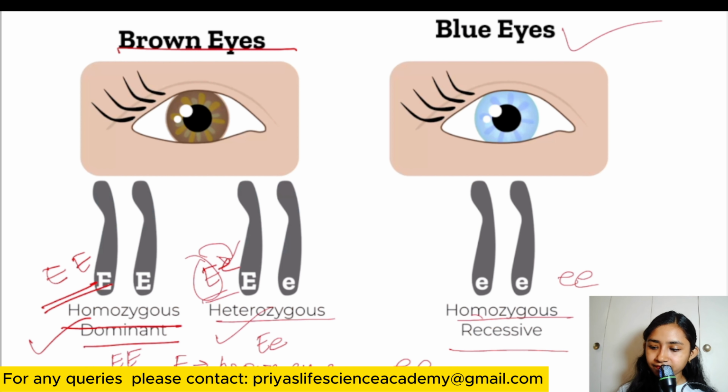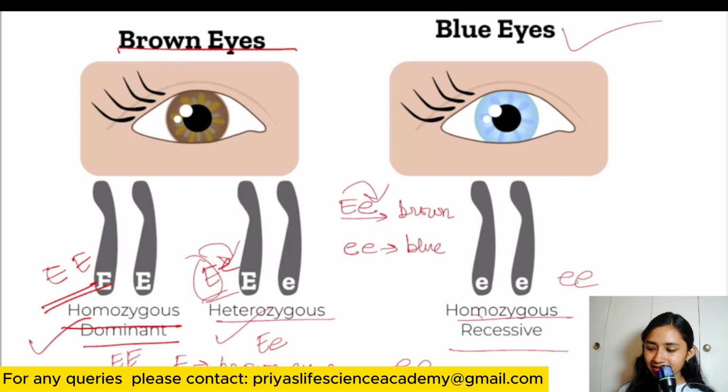That is why capital E produces brown eye color and small e produces blue eye color. To express blue eye color, you need to have two copies of small e. Otherwise, the blue eyes will not be expressed, because they will be dominated by capital E, that is, brown eyes.